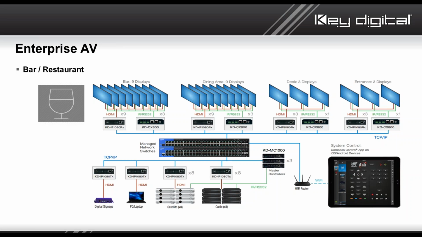And it's open. Or using Compass Control, you could just install one of these for every 3 TVs in the bar and the digital signage, and every cluster of 3, you could get one of these and break out the control locally.